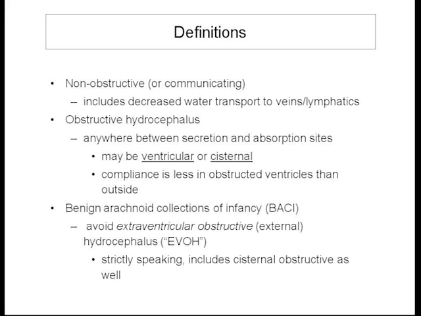And then we have the benign collections of infancy, BACI, that was a nice Italian word. But I don't like the term extraventricular obstructive hydrocephalus to describe this, because strictly speaking, it would include the cisternal occlusion as well. So I prefer the term BACI.